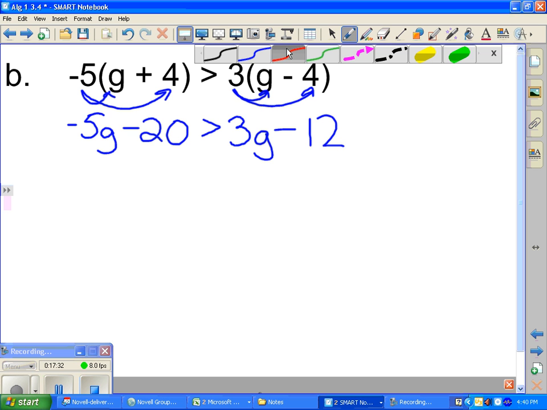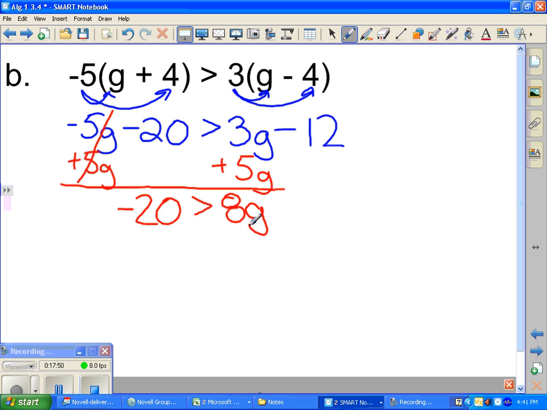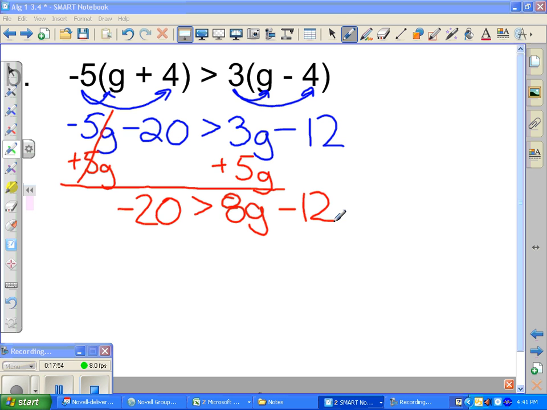Smaller variable is the negative 5g, so I'm going to have to add 5g. Now, if you did the 3g, you could still get the right answer as long as you did your steps correct. So negative 20 is greater than 5 plus 3 makes 8g. Constant. Next step, plus 12.